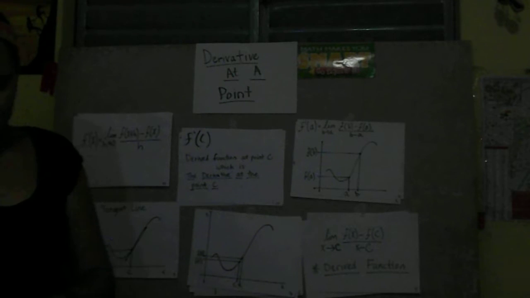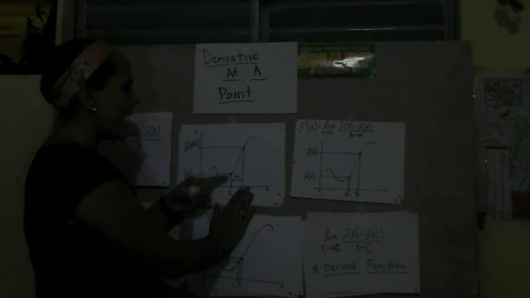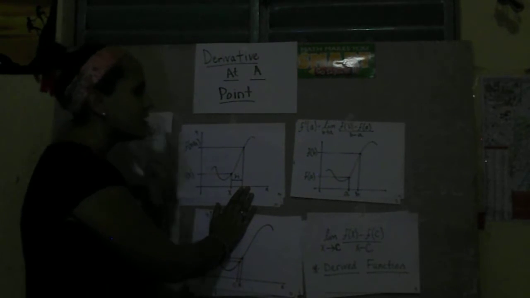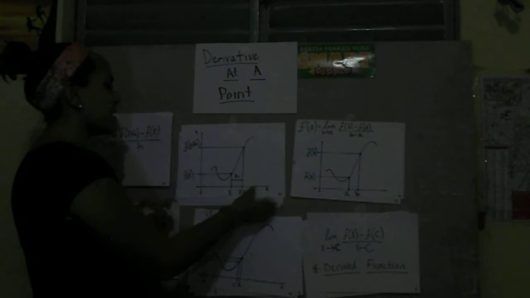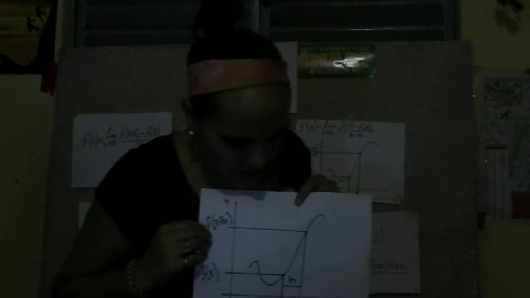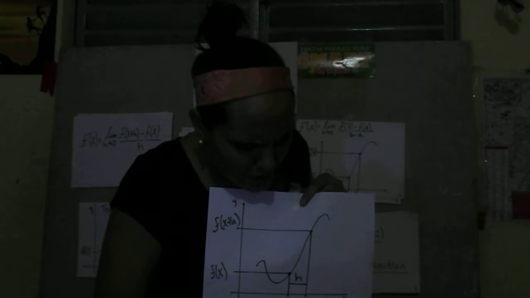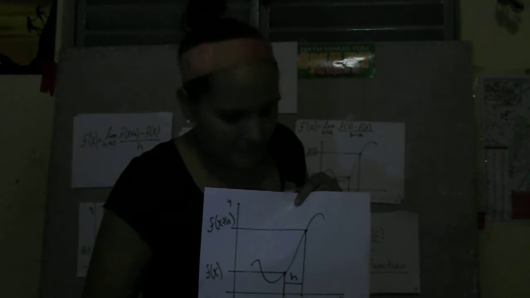So, now we have this graph right here, where we have one point x and another point which is an h distance away. So let's name it x plus h because it's an h distance away from x. Now what we really want is h to get so small so that x plus h is actually in the x place.